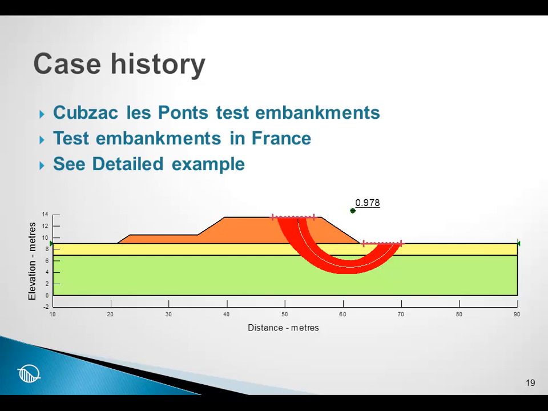To those of you who are more interested in this type of analysis, we have done some case history studies. There were some test embankments constructed in France, it's getting to be a long time ago, at a location in western France, Cubzac-les-Ponts. One test embankment was built so fast to determine at what point the embankment would fail, and upon reanalysis following the same procedure, you see here we get a factor of safety close to 1 when the embankment did indeed fail.